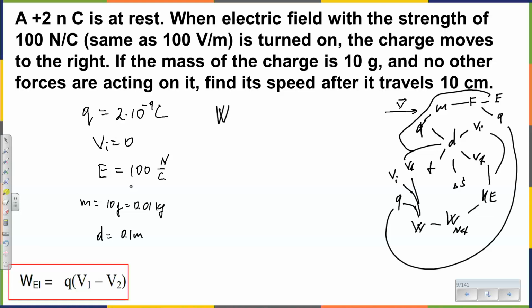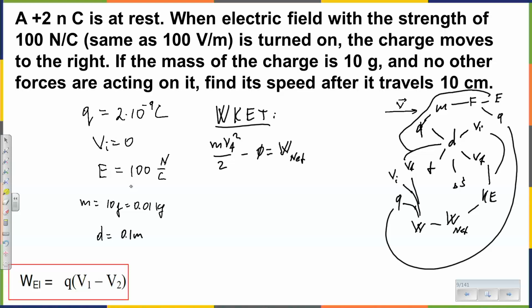I want to pick the equation which has a name, work kinetic energy theorem, just to practice using that equation. Work kinetic energy theorem tells us that final kinetic energy minus initial kinetic energy should be equal to the net work.